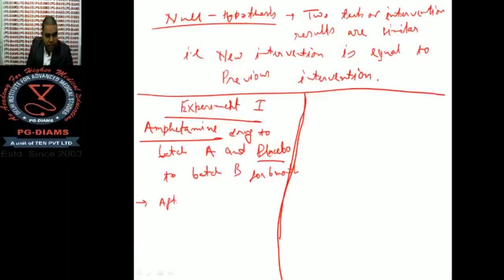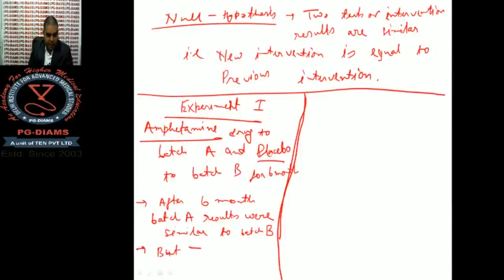After 6 months, batch A results were similar to batch B. But the researcher manipulated the result.